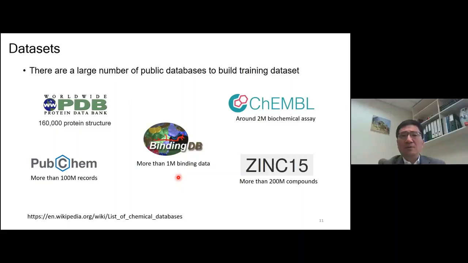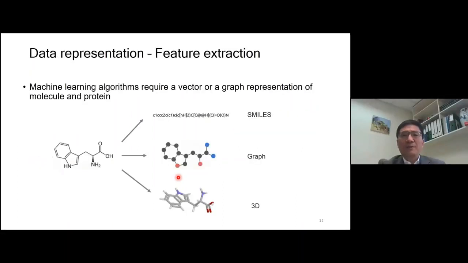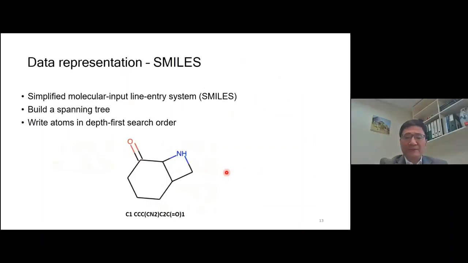For data representation, in other words, the feature extraction: machine learning requires a vector or graph representation of the molecule and the protein. So you have to simplify the molecule as a graph, as I showed here, and simplify the molecule as the input line for the entry system.